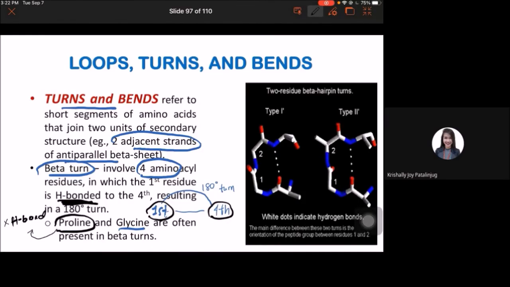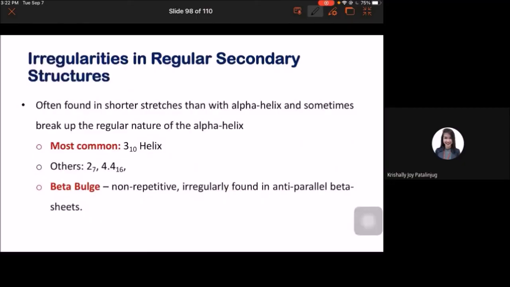And with glycine naman, ano yung characteristic ng glycine na nasabi kanina? Glycine is flexible, tama? And that is very important for beta turns. Kaya nga bendable, flexible yung beta turns. It's because of also the presence of glycine amino acid. So, tingnan niyo yung notes kanina. Flexible po yung characteristic ng glycine.